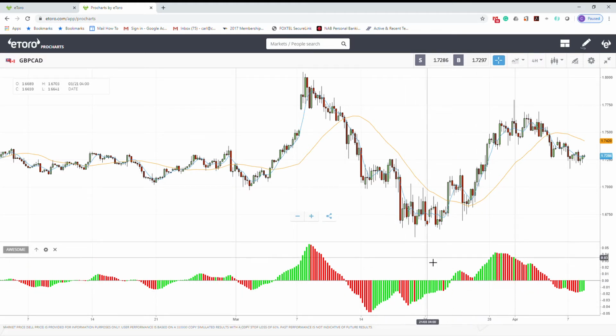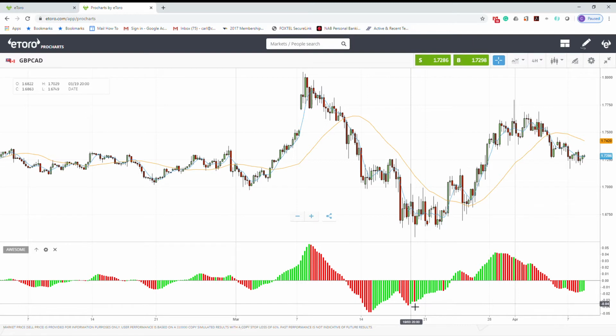But there are some other signals that you can get from the Awesome Oscillator. One of them, which I like, is when we have twin peaks or twin lows.